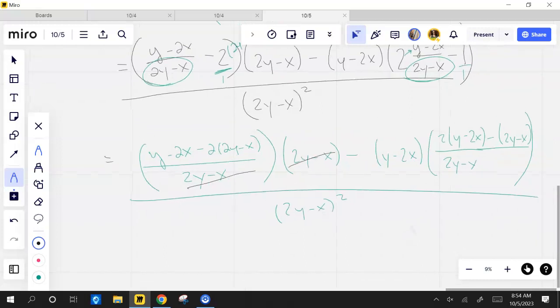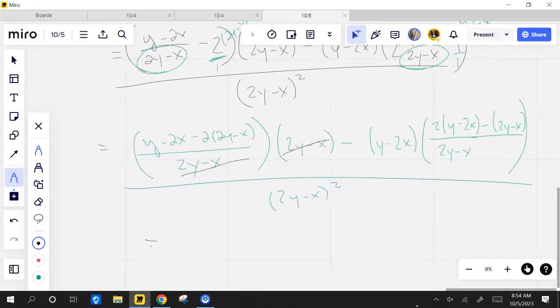All right, so let's see. This is going to be minus 4y plus 2x. So the 2x's cancel. I've got negative 3y minus y minus 2x times, it's really gross, 2y minus 4x.